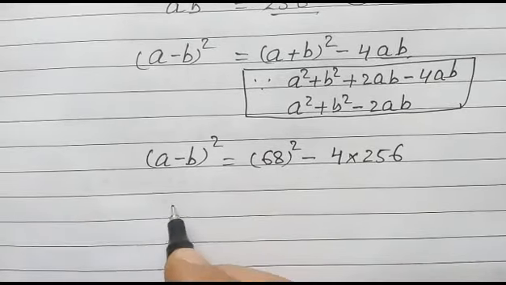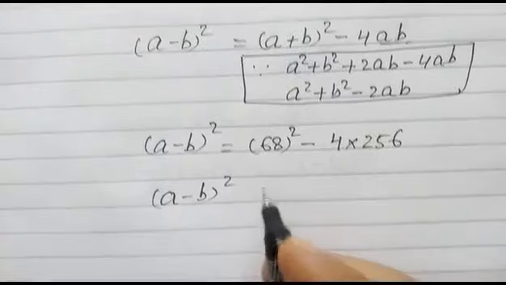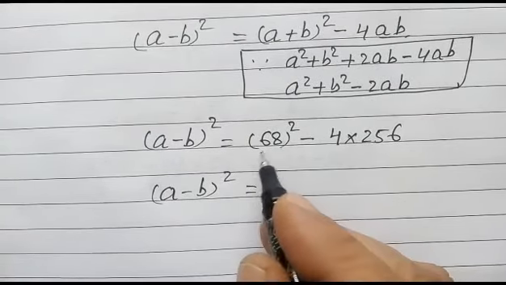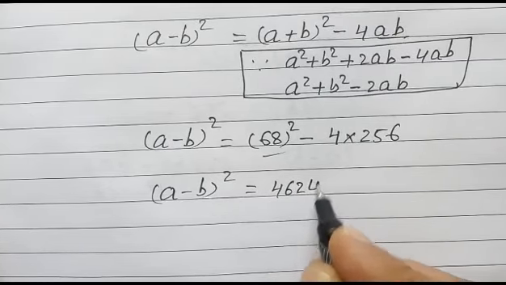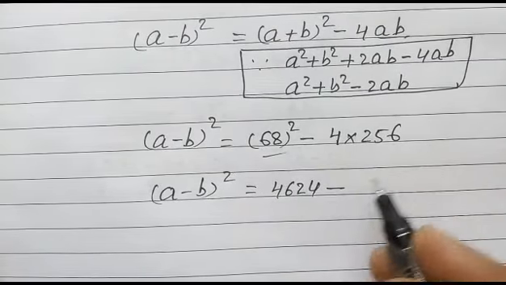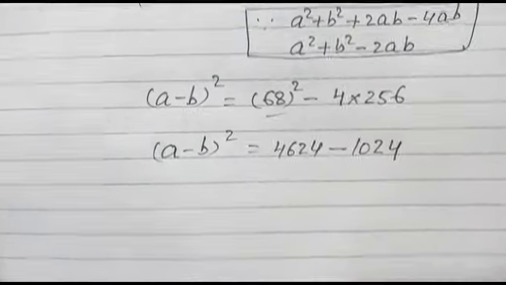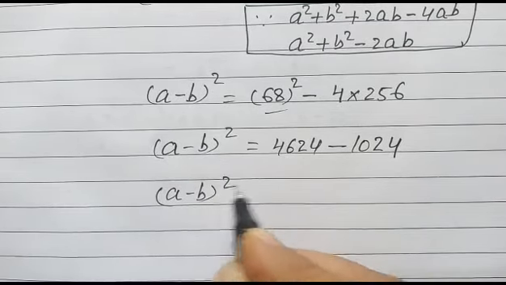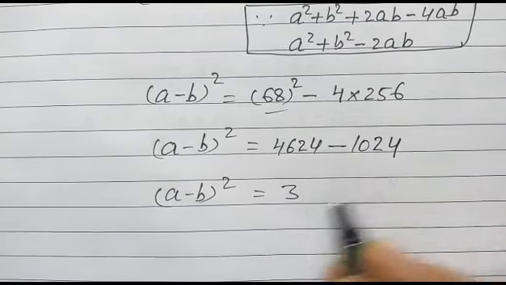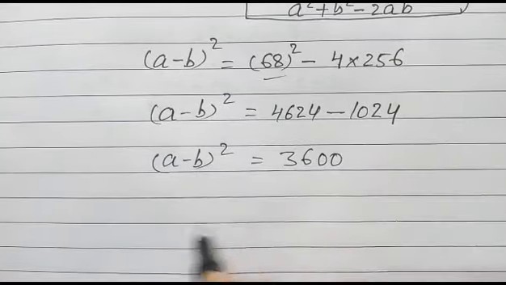right? So (a minus b) whole square is equal to 68 square, which is 4624, minus this into this, 1024, right? So (a minus b) whole square is equal to this minus this, 3600, right?